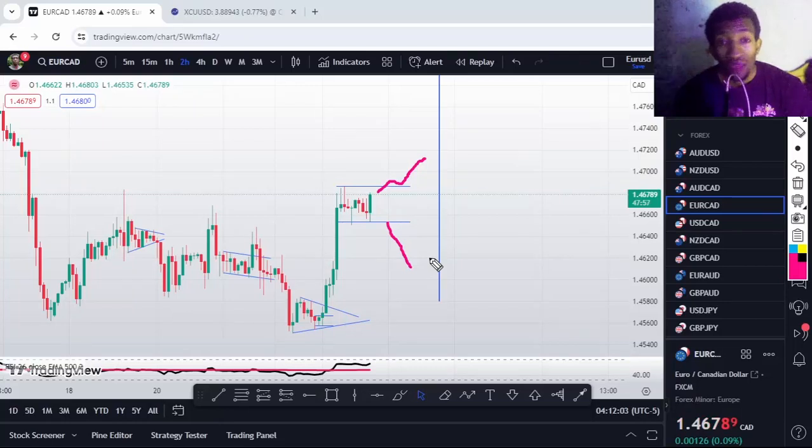So all we have to do is wait for the market to tell us which direction it wants to go, and then we will take a trade. We will consider our four models and we will be in the trade.